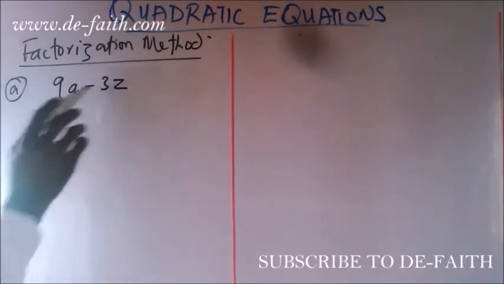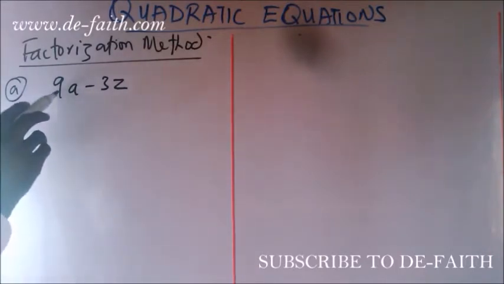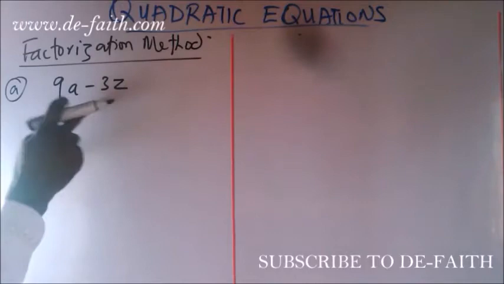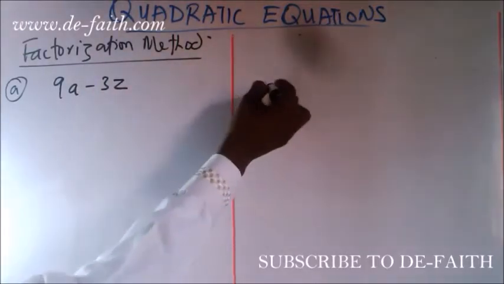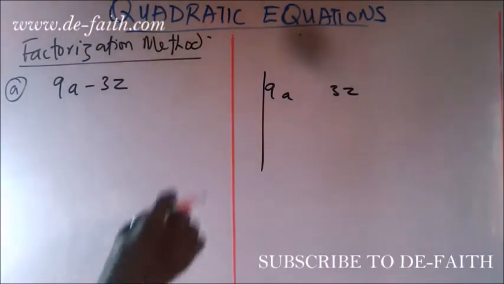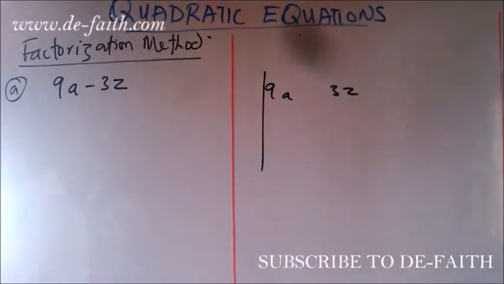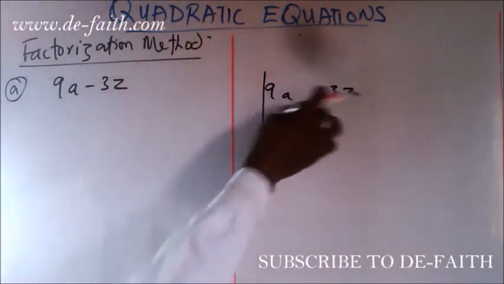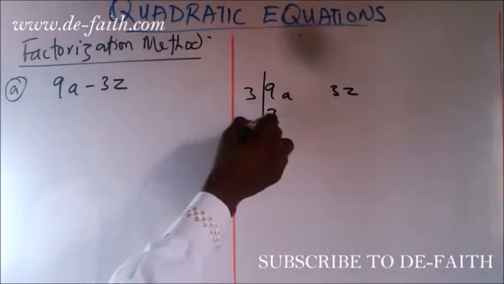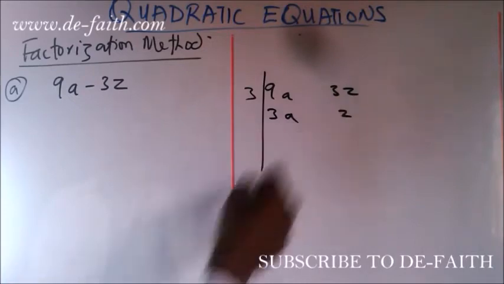But aside that, we have 3 here, and we could also have 3 here because part of the factors of 9 is 3. For instance, if you have to find the HCF of 9a and 3z, you have to look for numbers that are common or the letters that are common on each side. Here, 3 is common, so 3 into 9 gives 3, then a, and then we have z.